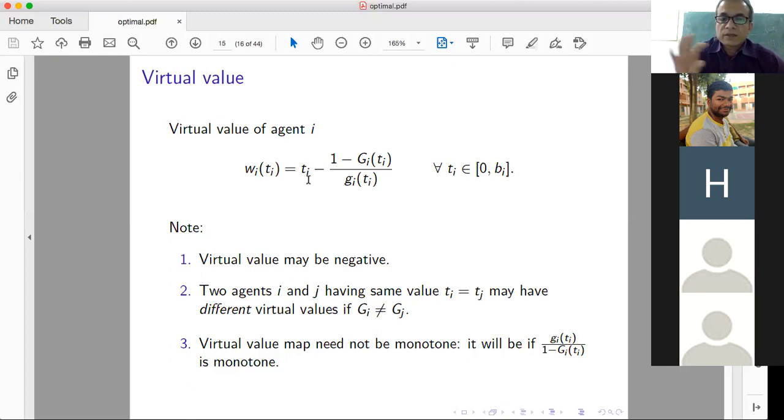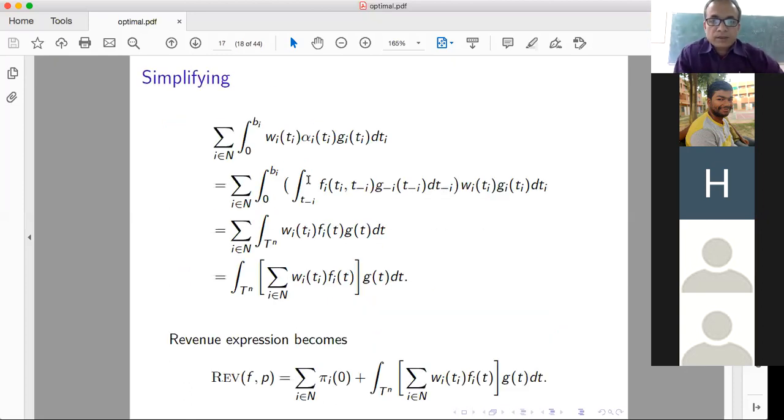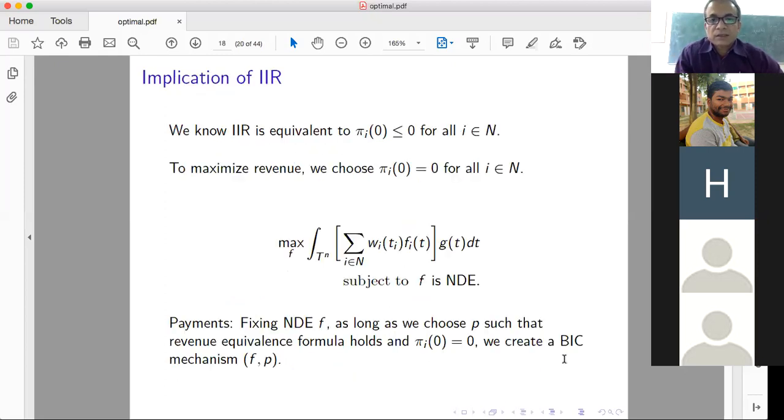So we are giving some rent to those allocated buyers, basically. And so what we see is, once you formulate it like that, revenue maximization is the same as expected virtual value maximization, then the problem becomes very simple.